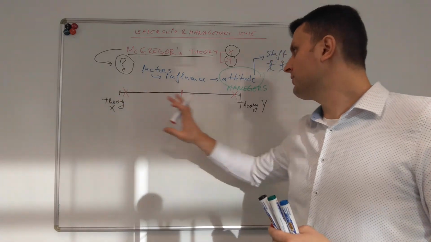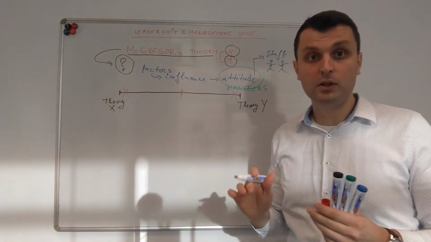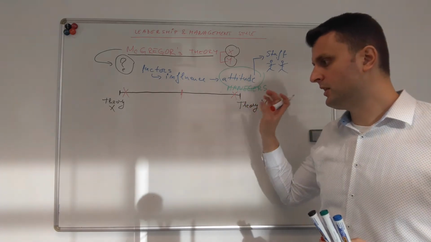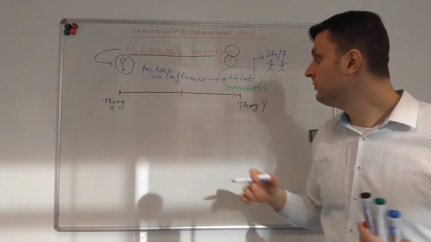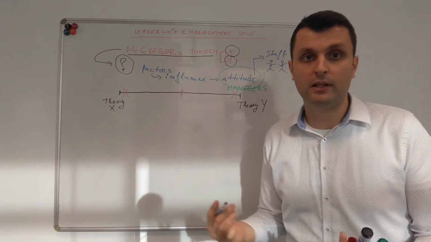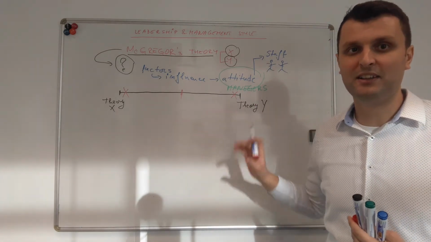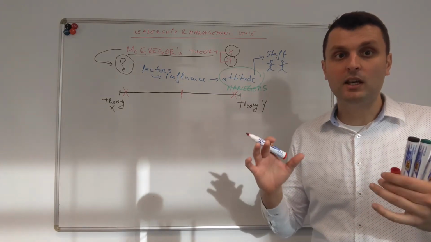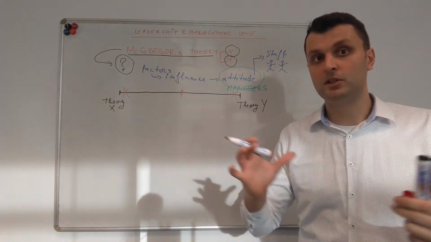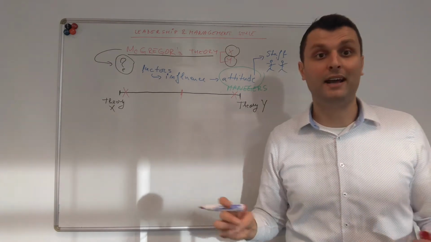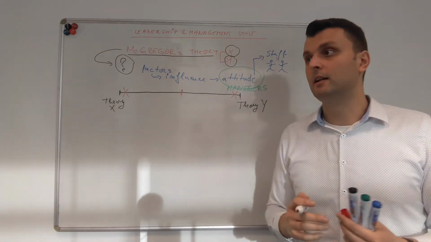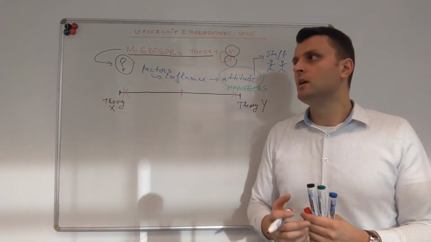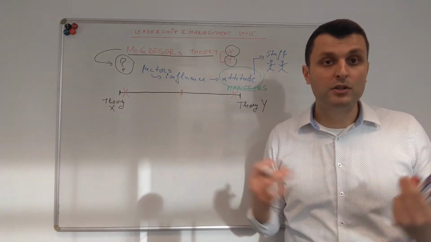We're going to discuss each theory separately, so that we can see the advantages, if there are any. We will establish this once we put it into practice, because as I've said in many videos, everything is relative, depending on business size, number of staff, attitude of staff, preparation, level of education of staff, resources you have, market you are in, competition that you have, and so on and so forth.